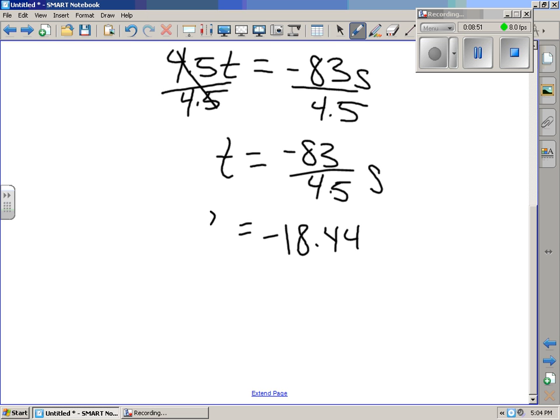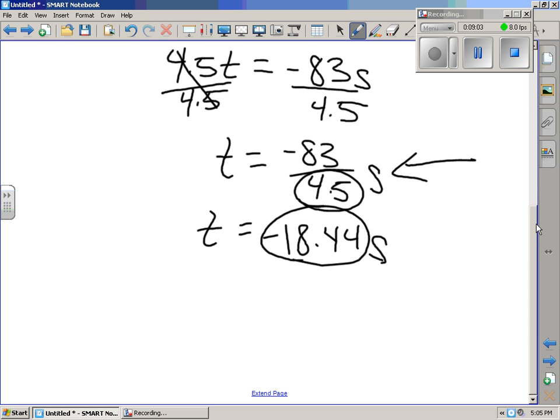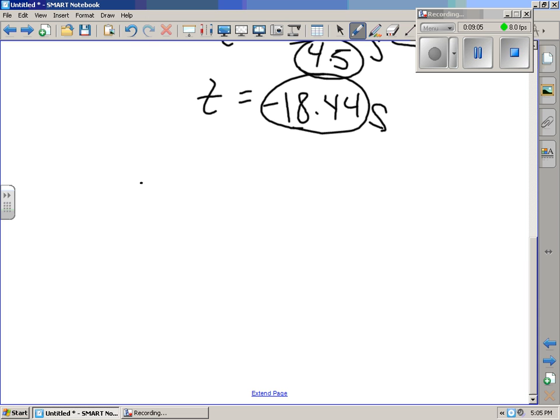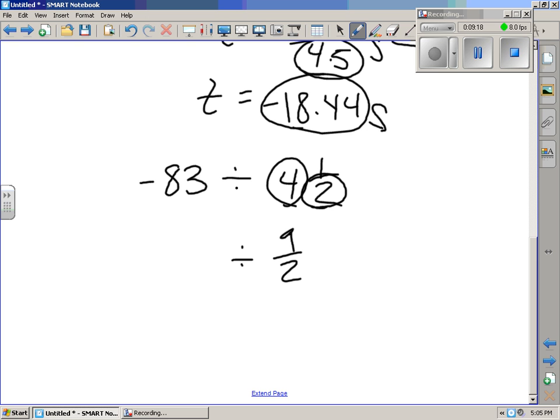So we have two options. We can either go from here and change this back to a fraction, or we can go back to here and operate in fractions. I'm going to go back to this stage right here, and I'm going to write out negative 83s divided by 4 1/2. 4 1/2 I'm going to change to an improper fraction. 4 times 2 is 8 plus 1 is 9, so I get 9/2.